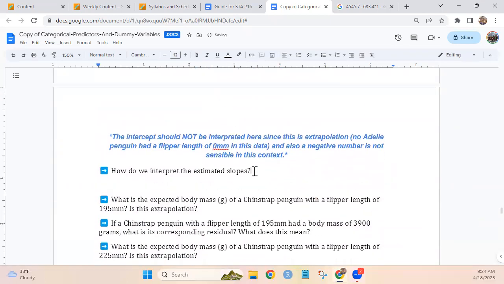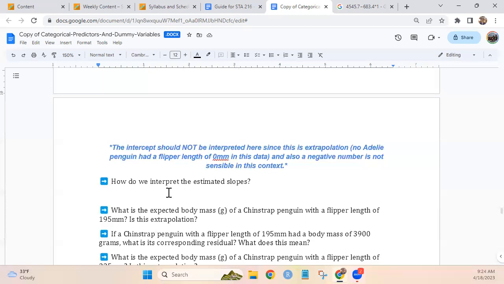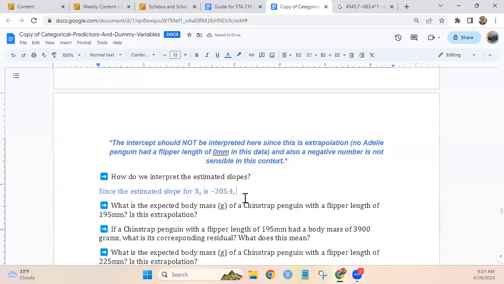Okay, what about each of the slopes though? All right, so let's see, beta hat 1 is this. So since the estimated slope for x1 is this, I'll interpret this first one.